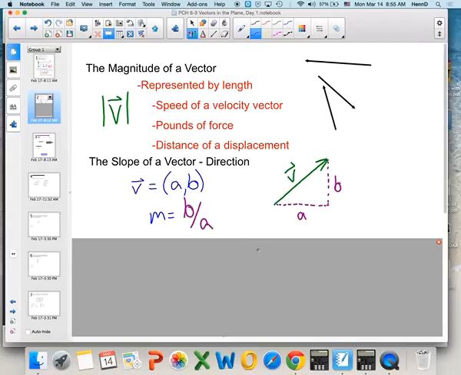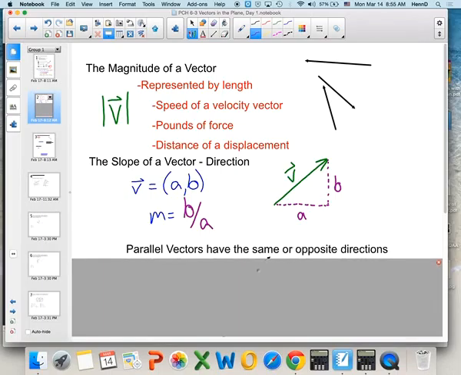So, that's another relationship here. Some other terms. I know we're hitting a lot of terms today, a lot of different things, but we're trying to lay the groundwork for everything else that we're going to do with vectors here. Okay? Another term here related to direction is parallel vectors.